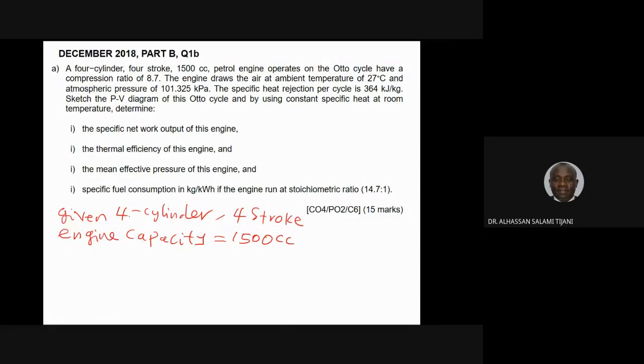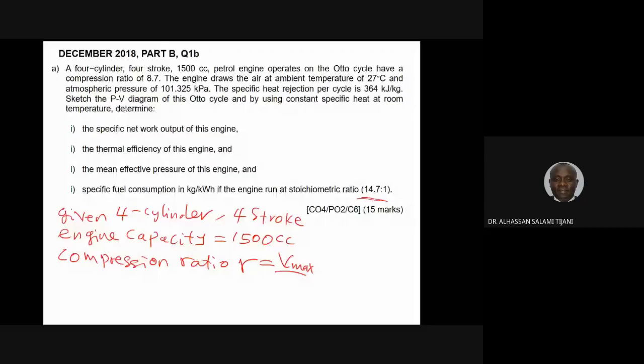So the compression ratio, that is r, I've told you is equal to V maximum divided by V minimum, and this equals 8.7.